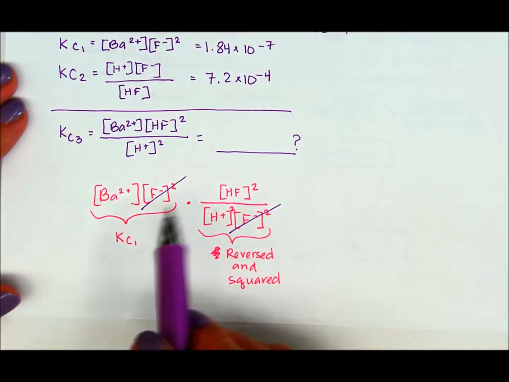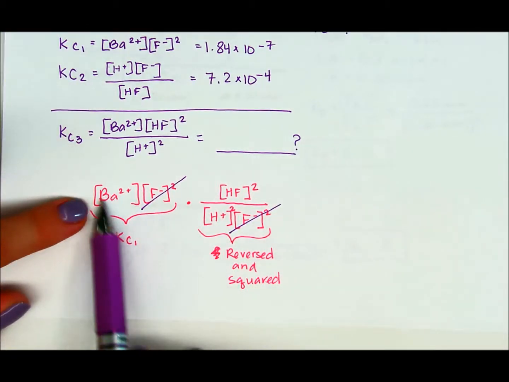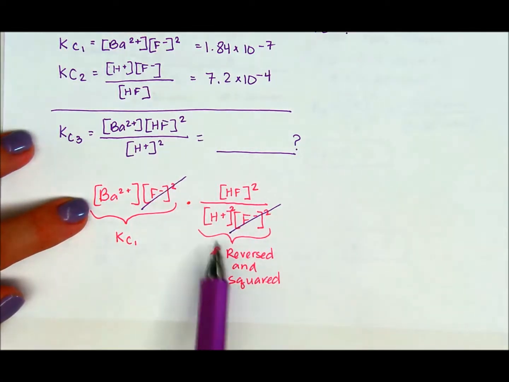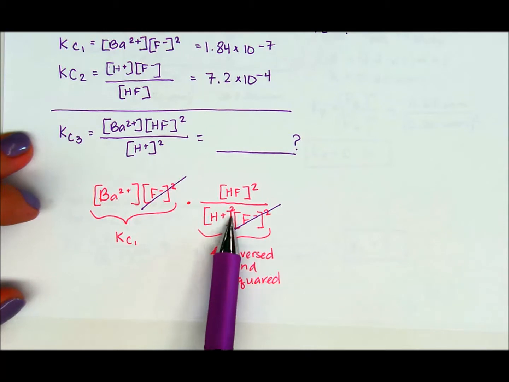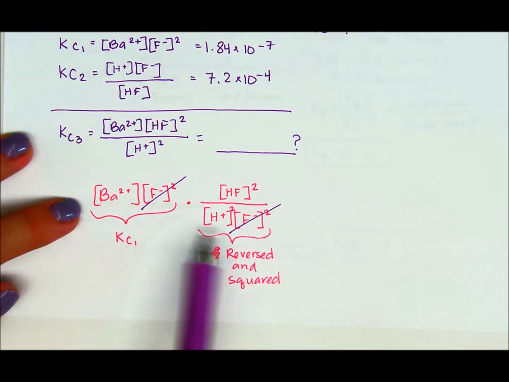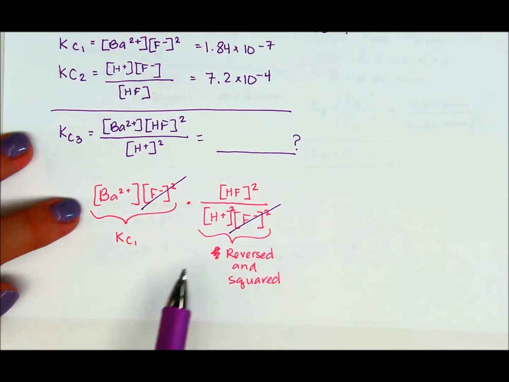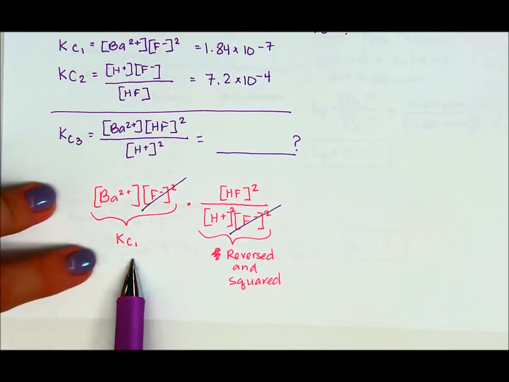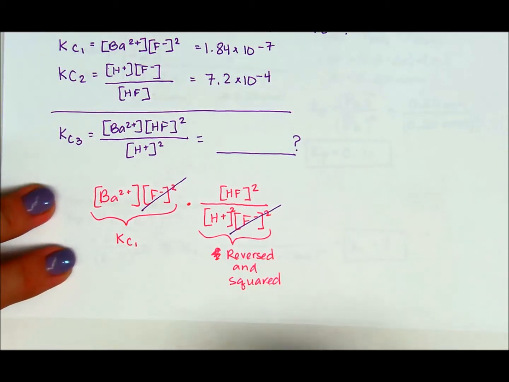Now that I've done that, and I have everything where I want it to be, I have barium 2+ in the numerator, hydrofluoric acid squared in the numerator, and I have my hydrogen ion squared in the denominator here. I have to do the exact same thing that I did to these reactions to their Kcs. So here, I didn't do anything to it whatsoever. So the only thing I did was rewrite it.